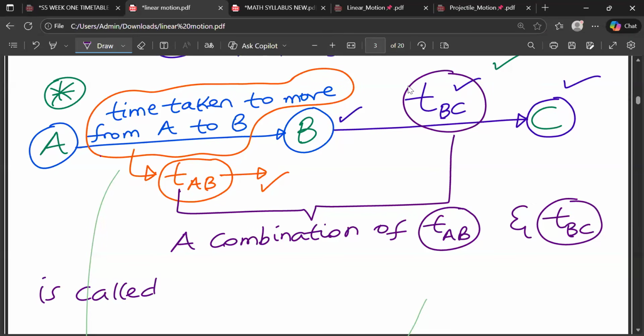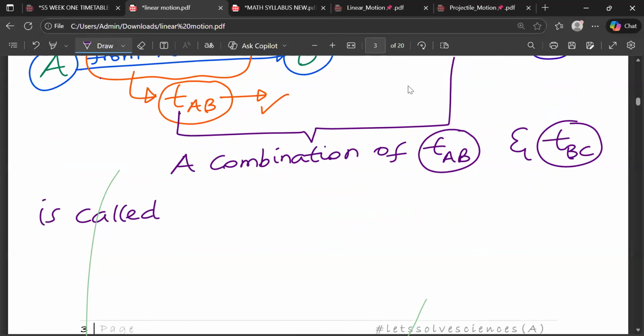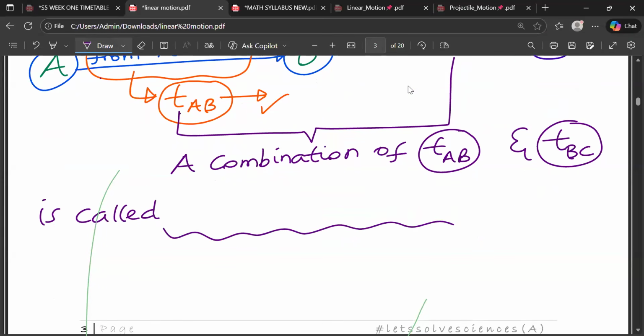What is the name of that? A combination of t AB and t BC. How is it called?